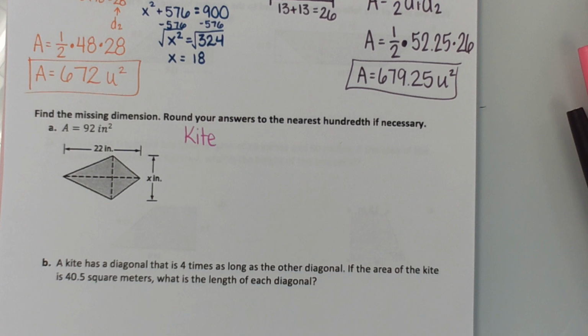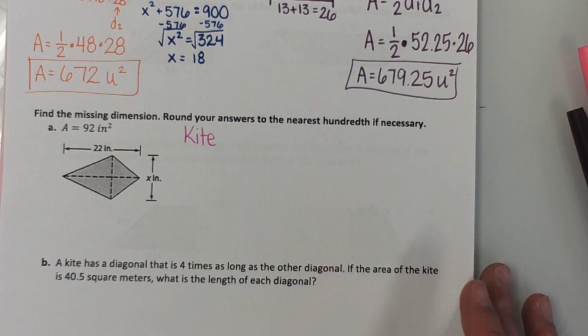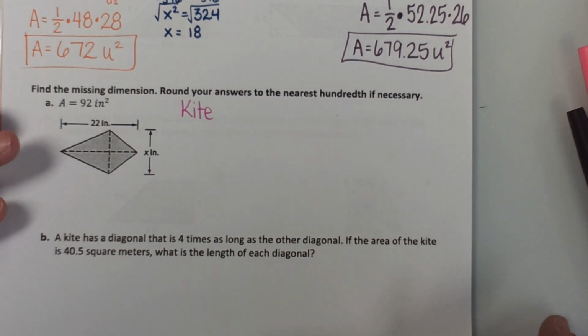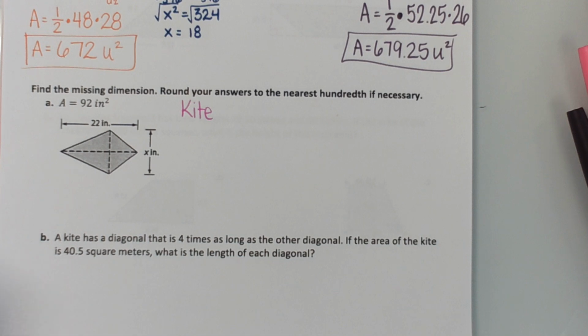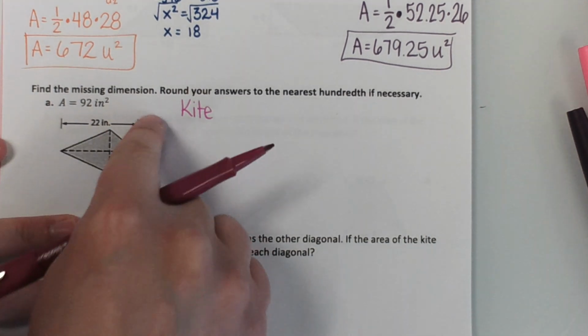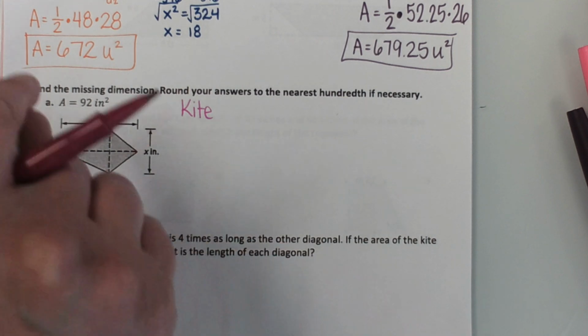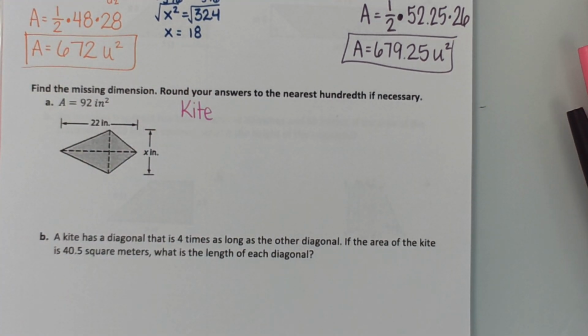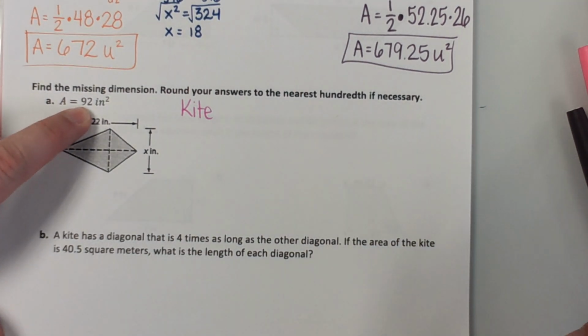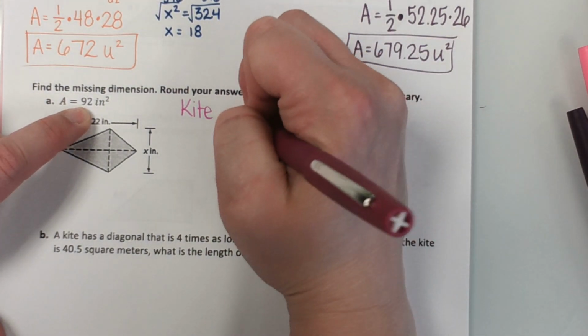What information am I giving you about this kite? The diameters. They're not diameters. Diagonals. We're given measurements on diagonals, and we're also given what other piece of information? Area. The area. That tells you what formula you're going to have to use, is what information I give you. I gave you area, so you use an area formula.